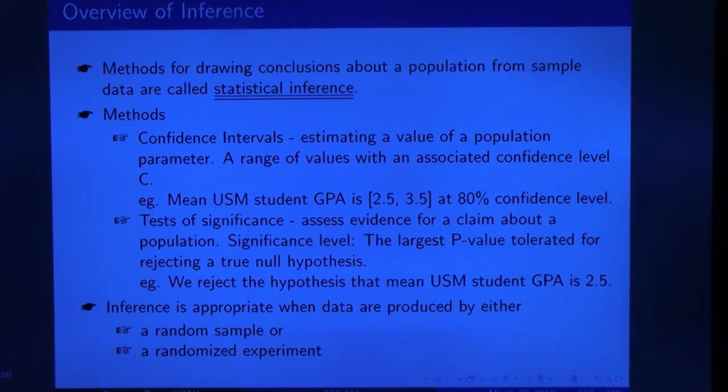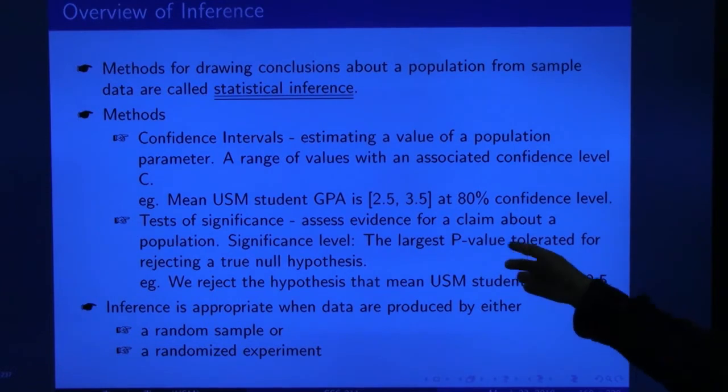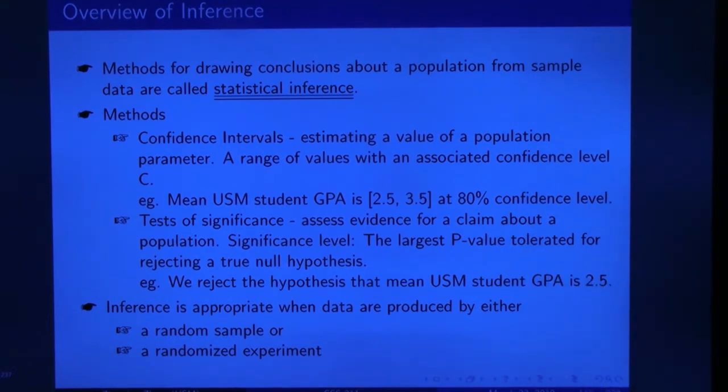In this chapter, we are going to discuss hypothesis, null hypothesis, and rejecting a null hypothesis, and also the concept of p-value. Again, in our example, we can claim that we reject the hypothesis that the mean USM student GPA is 2.5. So what's the meaning of this? We are going to discuss it in this chapter.